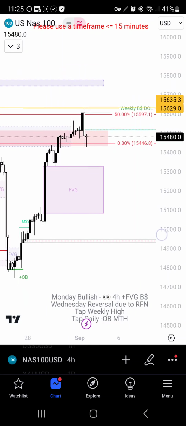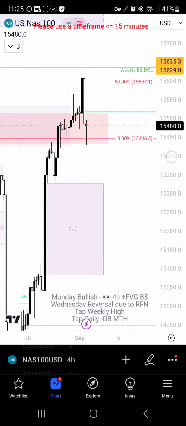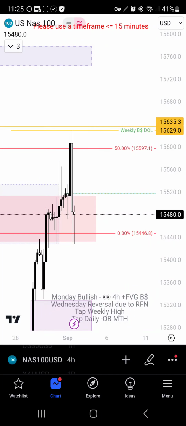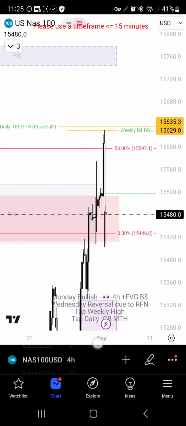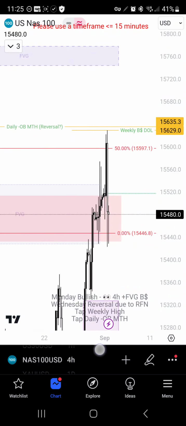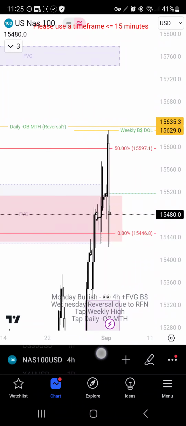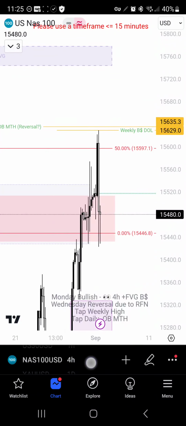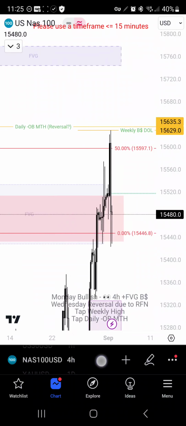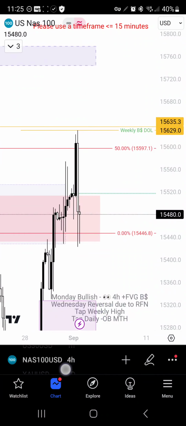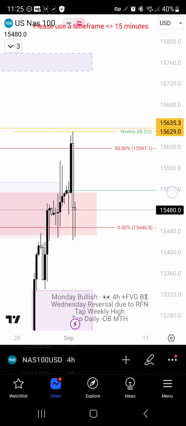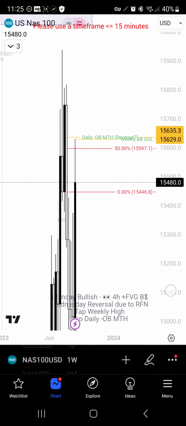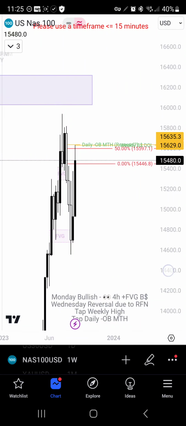So my weekly draw on liquidity again is going to be 15,629 even, as well as my daily draw on liquidity for the week is going to be 15,635.3. Right, and overall I am expecting the market to begin to head downward.